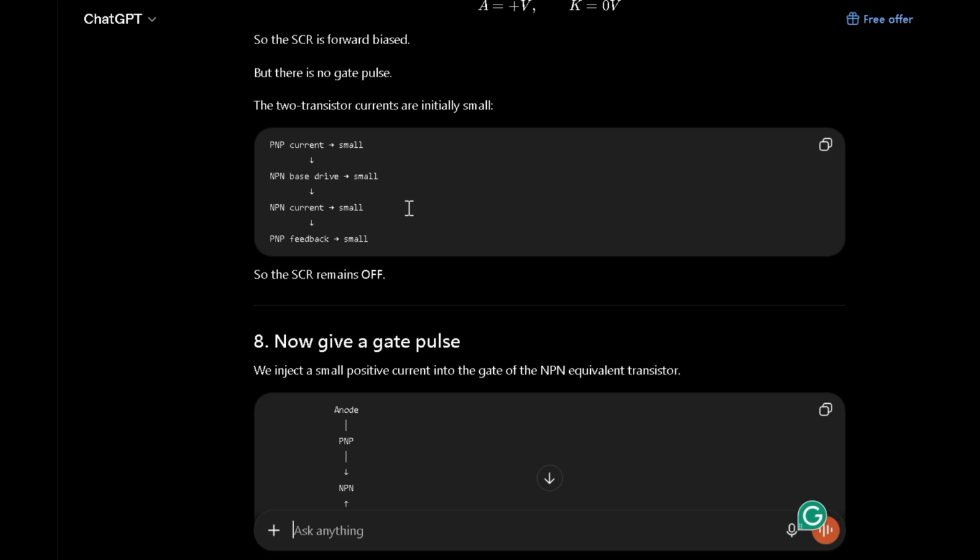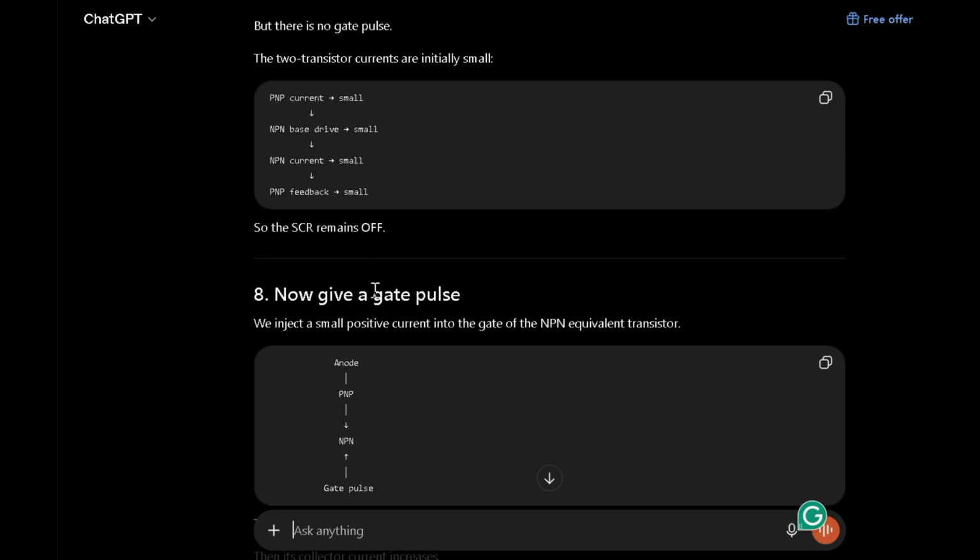The base and emitter region needs 0.7 volts to allow current to flow from emitter to collector. So for the PNP, we need a 0.7 volt condition. As it reaches 0.7 volts, current flows from emitter to collector in the PNP, and the collector is connected to the emitter of the NPN.